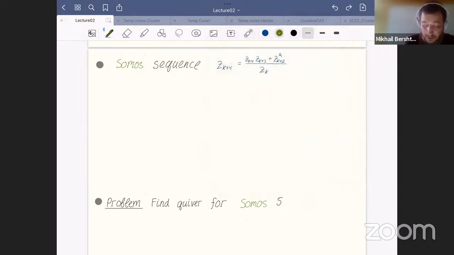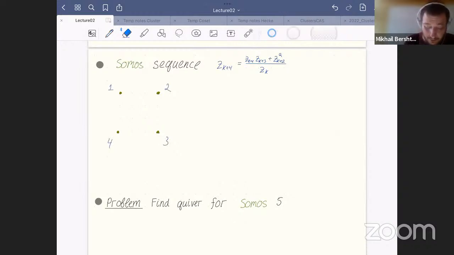That means that we actually have a quiver. Let's try. We have 4 vertices: 1, 2, 3, 4.